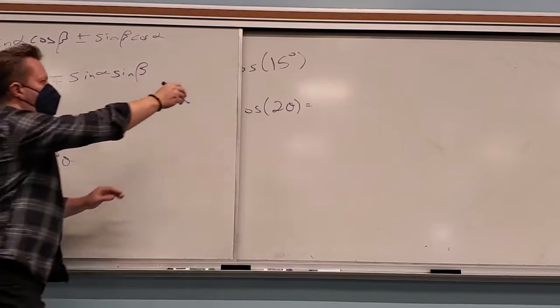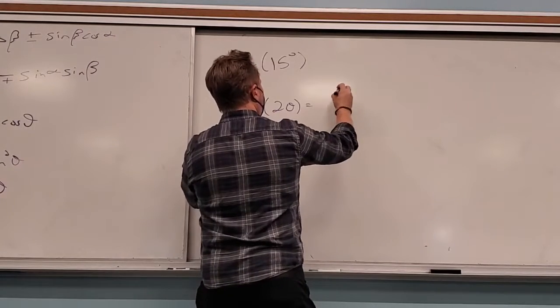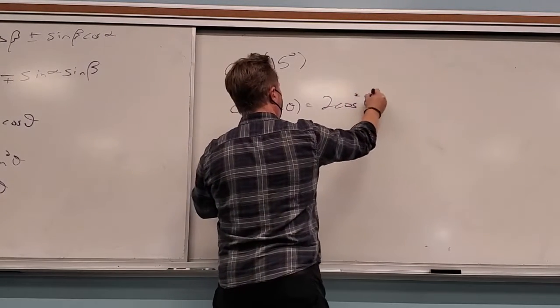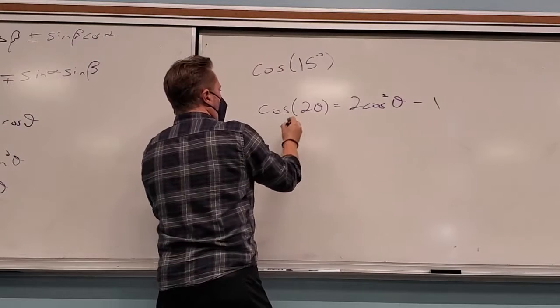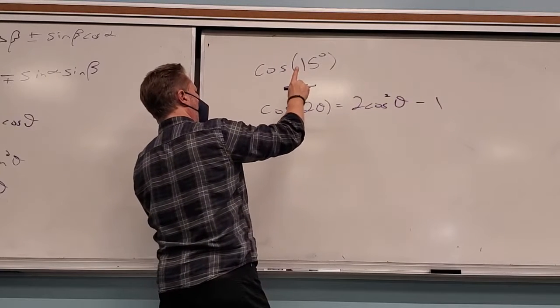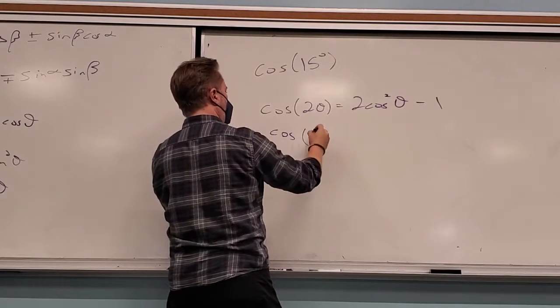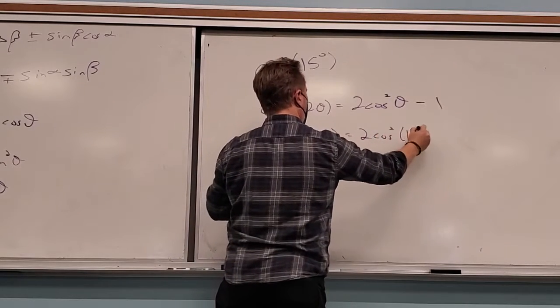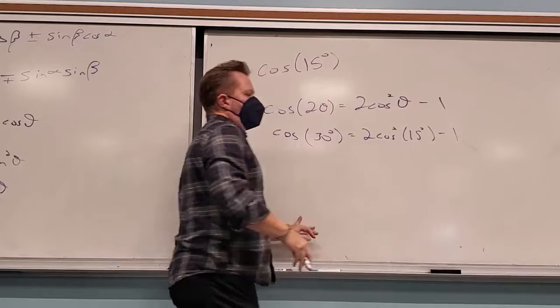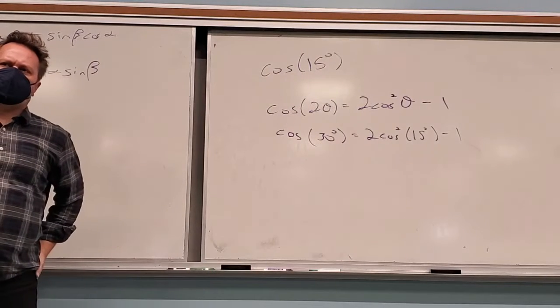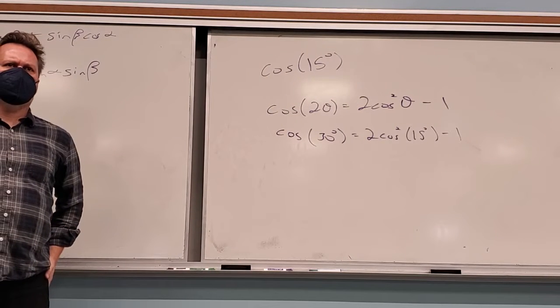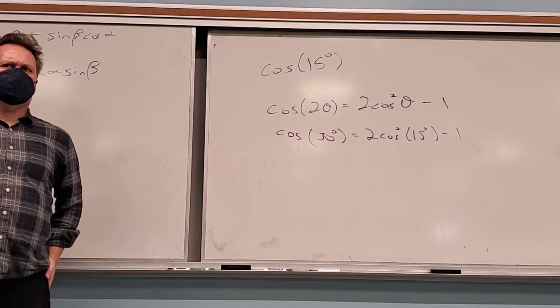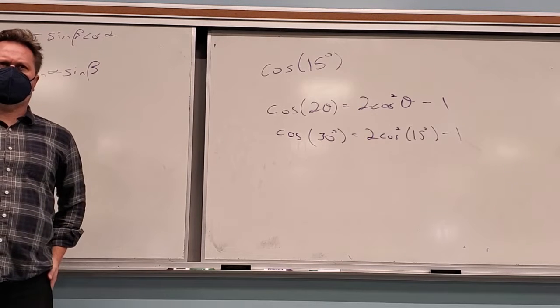So let's see what this will look like. Cosine 2 theta is 2 cosine squared theta minus 1. What's theta in this case? 15. So twice theta is 30. Can't I solve this for cosine of 15? I don't know if you guys see what's happening.